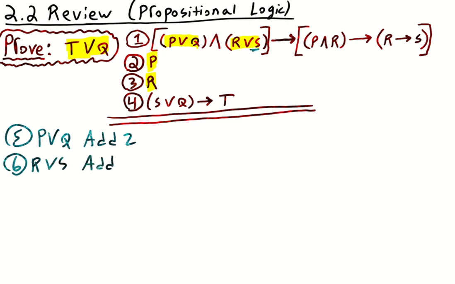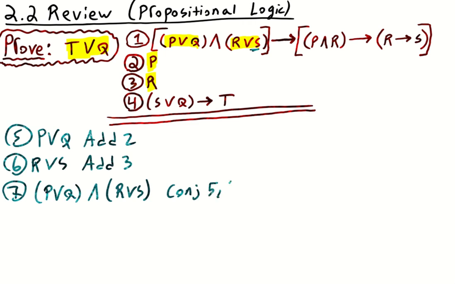Addition law, line 3. And then we can combine 5 and 6 through the and sentential connective. So for line 7, we'll say parentheses P or Q, close parentheses, and parentheses R or S, close parentheses. The conjunction rule with lines 5 and 6.